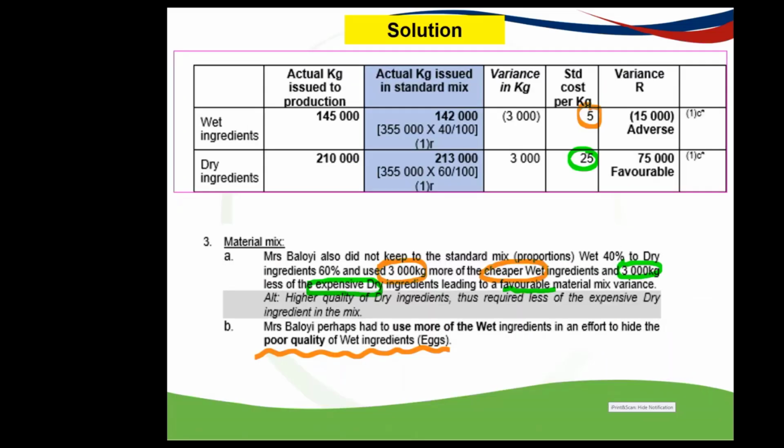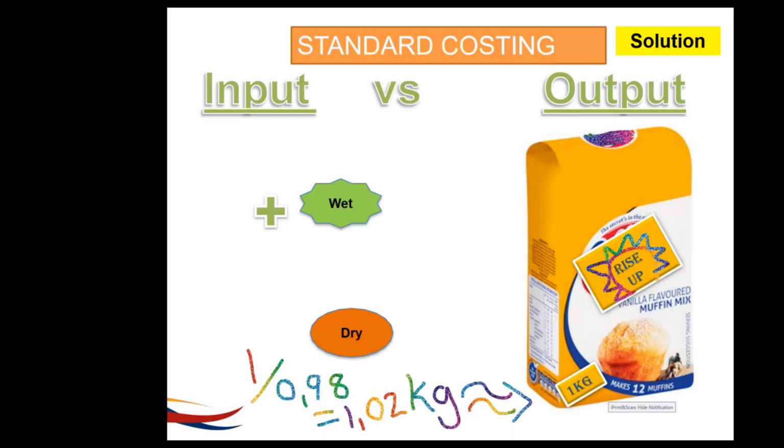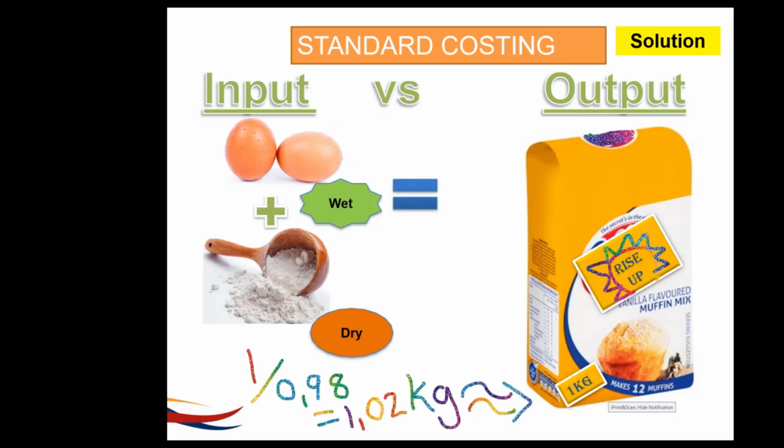Okay, let's go then to that. Now, the next part that we're going to look at is the yield. Remember we told you that we've got a normal loss of 2%. So that means if I want an output of 1 kilogram, I'm going to have to put in 1.02 kilograms to get my 1 kilogram, just to cover.